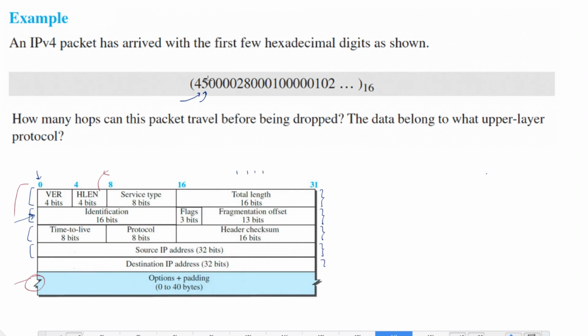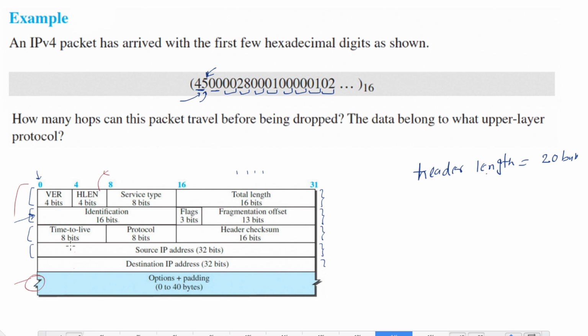If you see, the header length is 5, which means the total header length is 5 into 4, which is 20 bytes. So this is 1 byte, 2 bytes, 3 bytes, 4, 5, 6, 7, 8, 9, 10. They have only given some 10 bytes. They have not given the total header value.